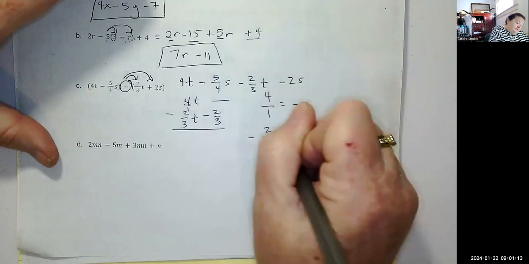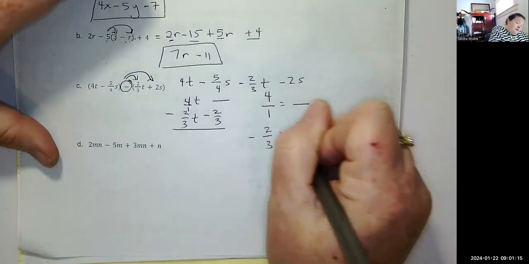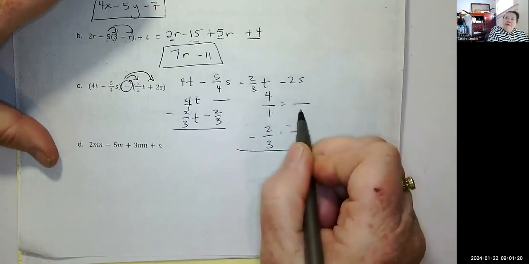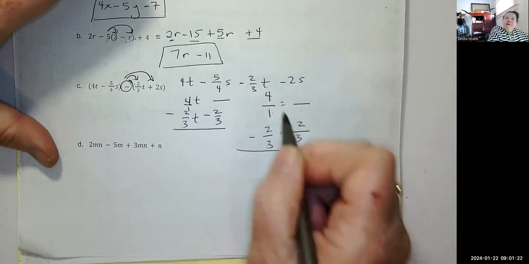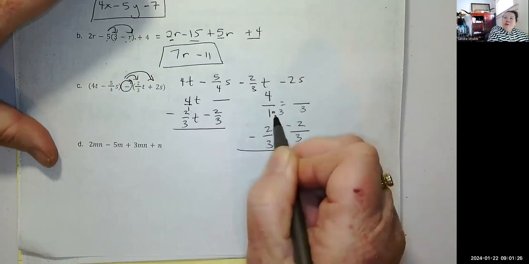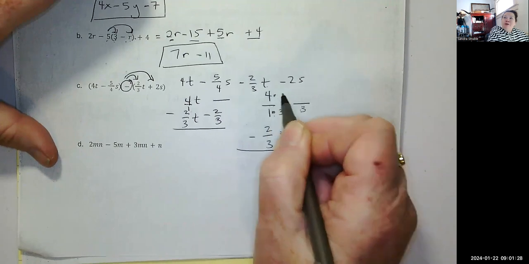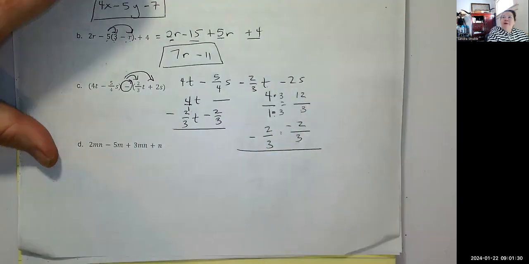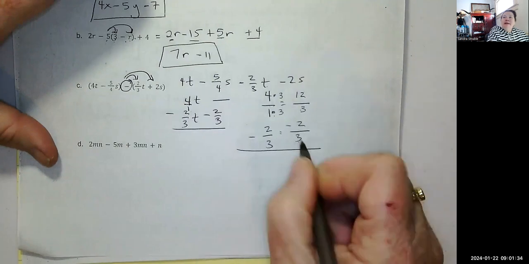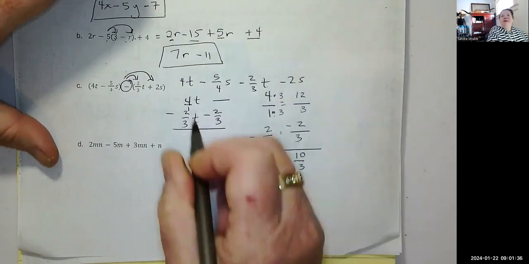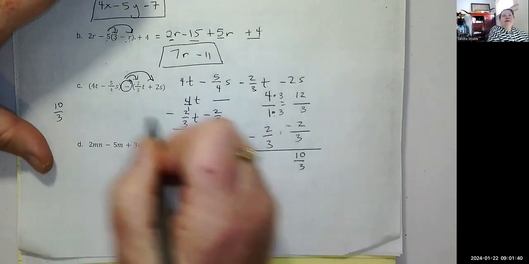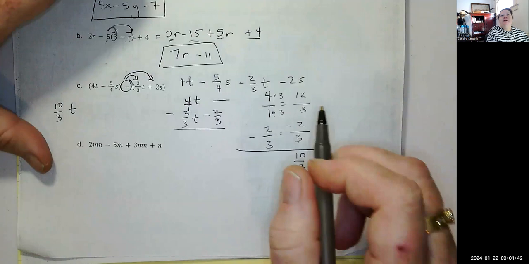All right. This one stays 2/3. This one, we need to have a 3 in the denominator for them to combine. So because it's a 1, we can go times 3 is 3. But what we do to the denominator, we have to do to the numerator. And that's how we get our common denominator. 12 minus 2 is 10 over 3. So that's 10 over 3 t. I'm just trying to find our final answer.